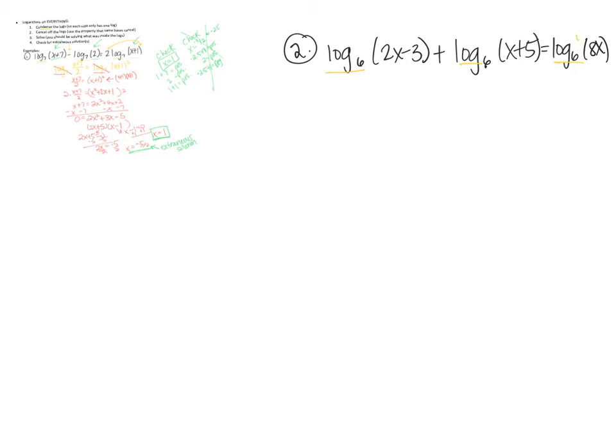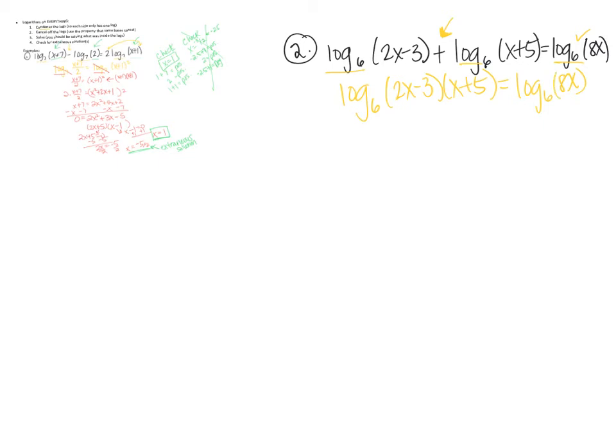Now my right side is already condensed, but my left side, I need to turn that addition into multiplication using that product property. All right, so now I'm going to have log base 6 of 2x minus 3 times x plus 5 equals log base 6 of 8x.